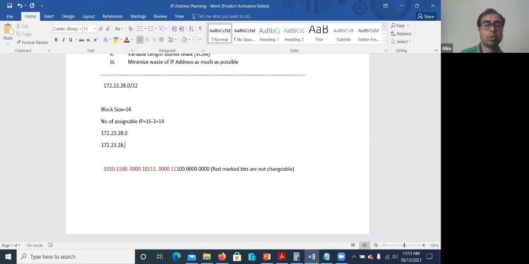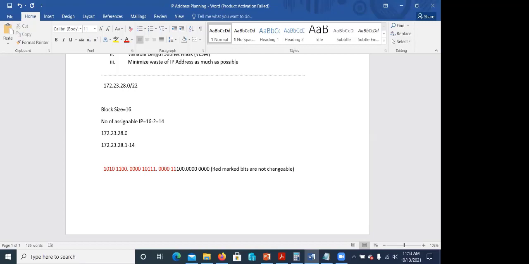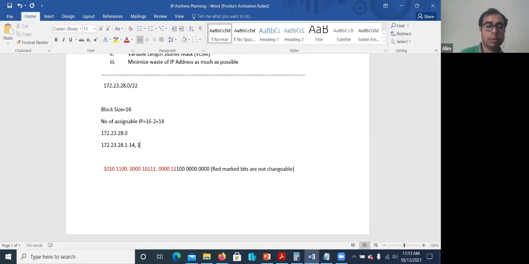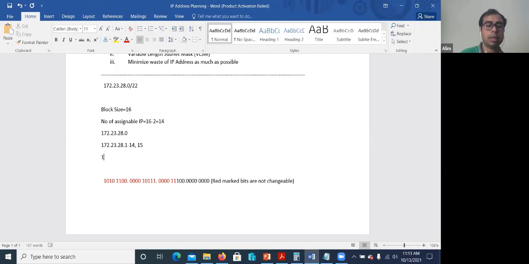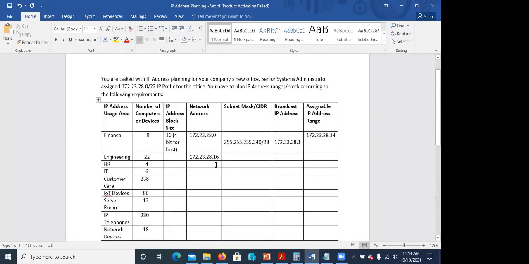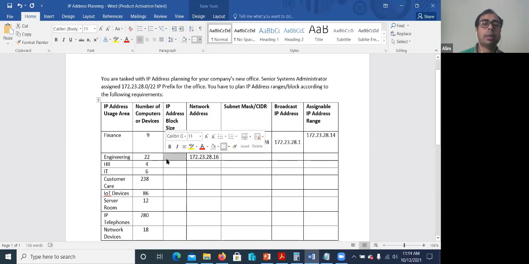So it is 1 to 14. What about 15? 15 is broadcast. What about 16? 16 is another network. Okay. Next IP address: here we will continue with another one.